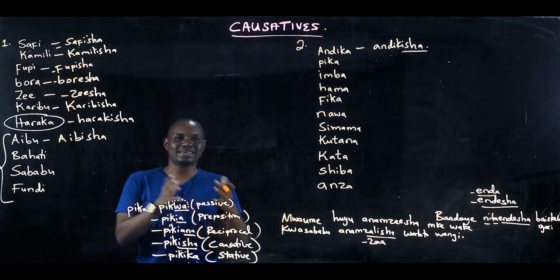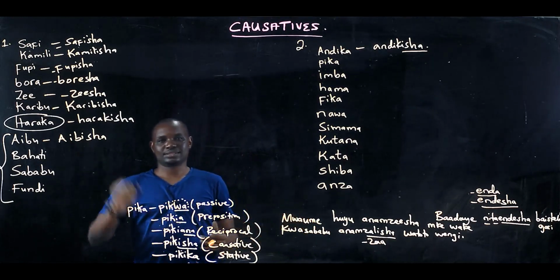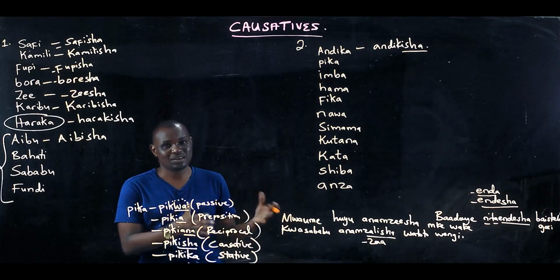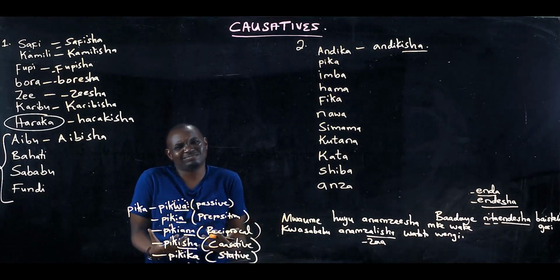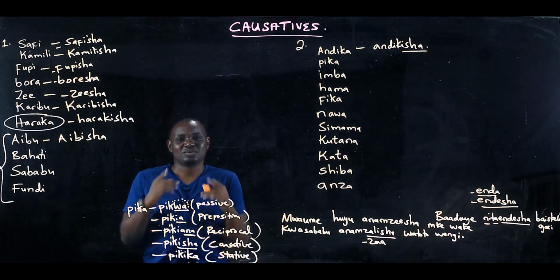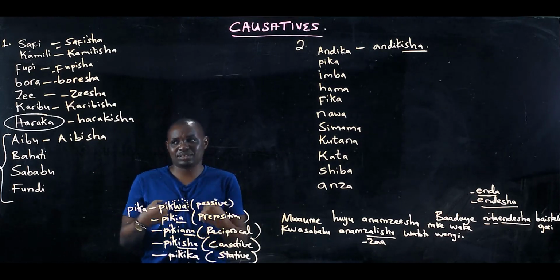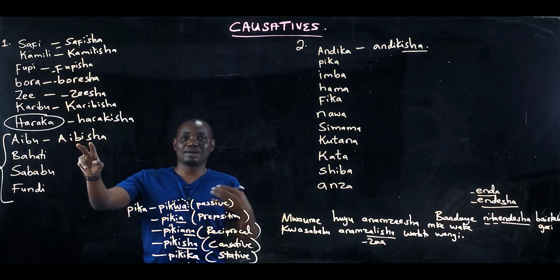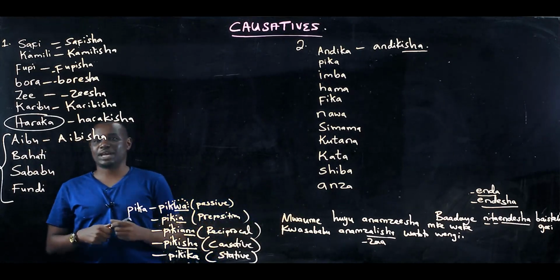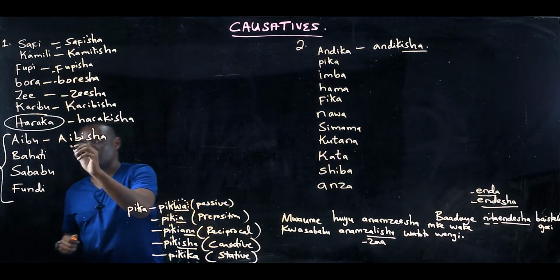To put someone in shame is aibisha. So if you say words that make me feel embarrassed, I say, you embarrassed me. So aibisha is to embarrass someone. It's a verb, kuaibisha.